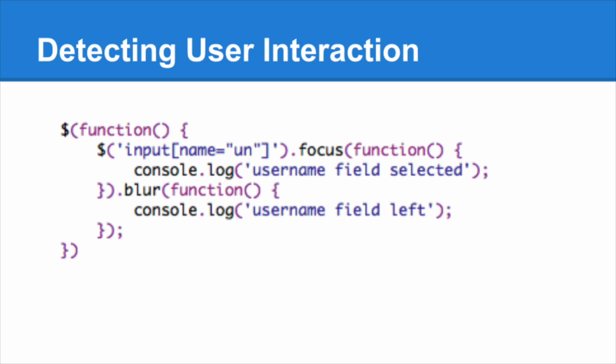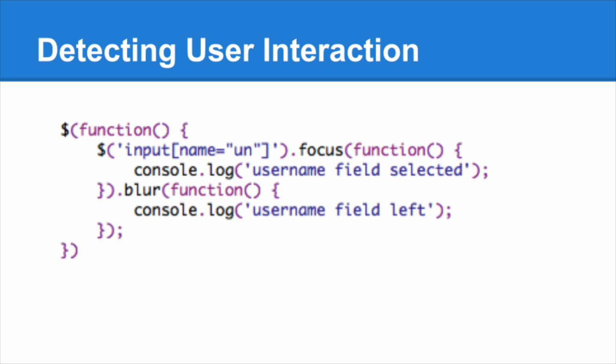So we already know that every single input field has this unique name. Therefore, we can use that name as part of our jQuery selector. So input name equals UN is going to select that username text box. And we can guarantee that every single box has a unique name because that's how we built our form. If that wasn't true, the form wouldn't work.